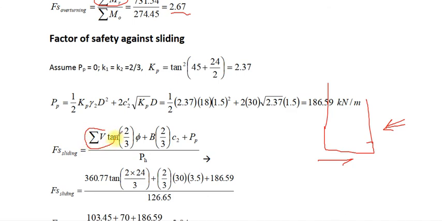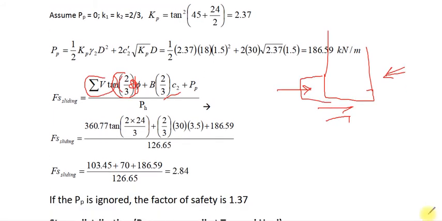Total V multiplied by the tan 2 over 3 phi, and B multiplied by 2 over 3 C2. The force comes from cohesion, and the force comes from the passive in front of the retaining wall, divided by the horizontal force from the active earth pressure applied on the retaining wall.